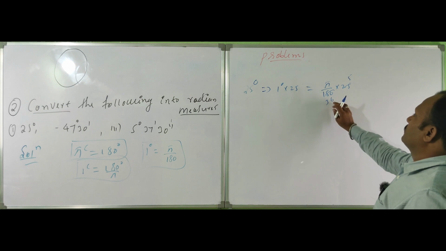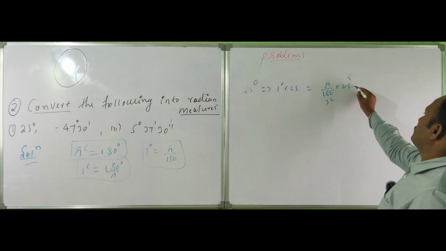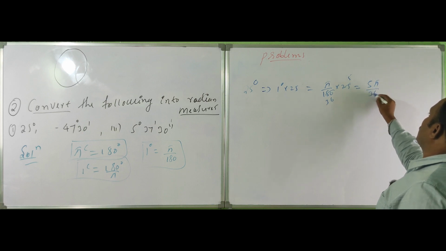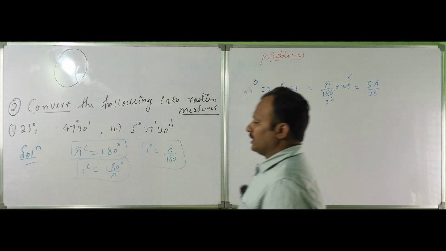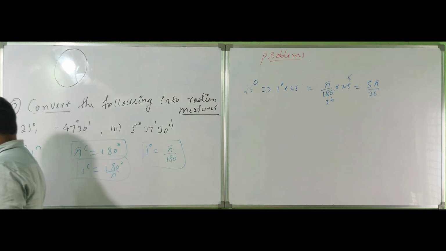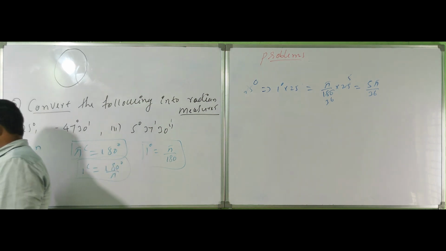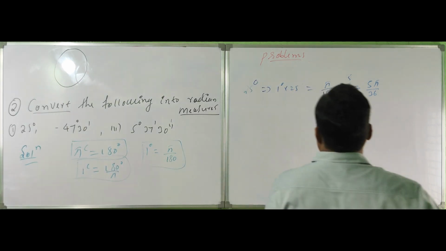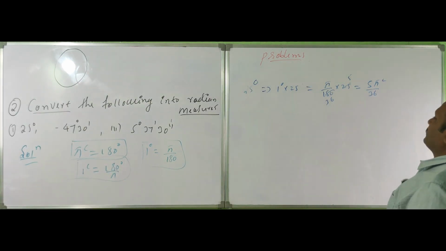This becomes 5 by 36, so 25 degree is 5 pi by 36 radians.